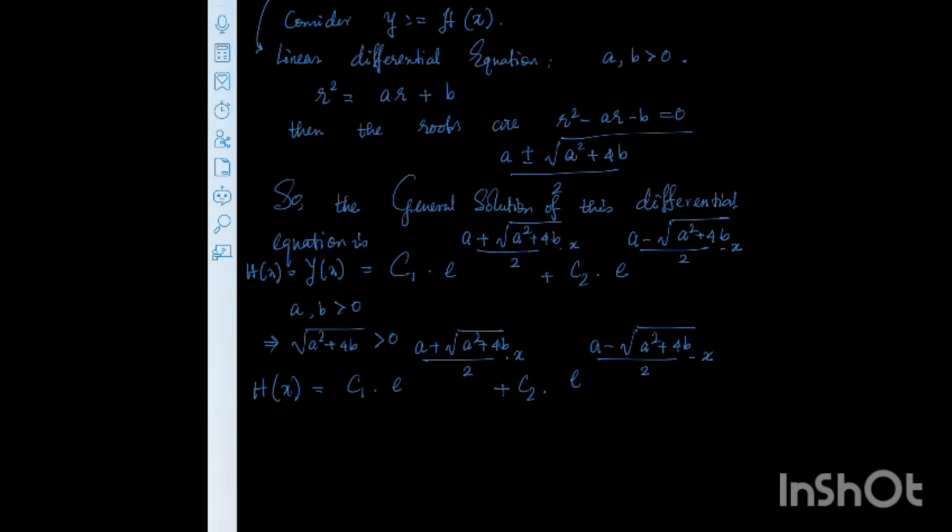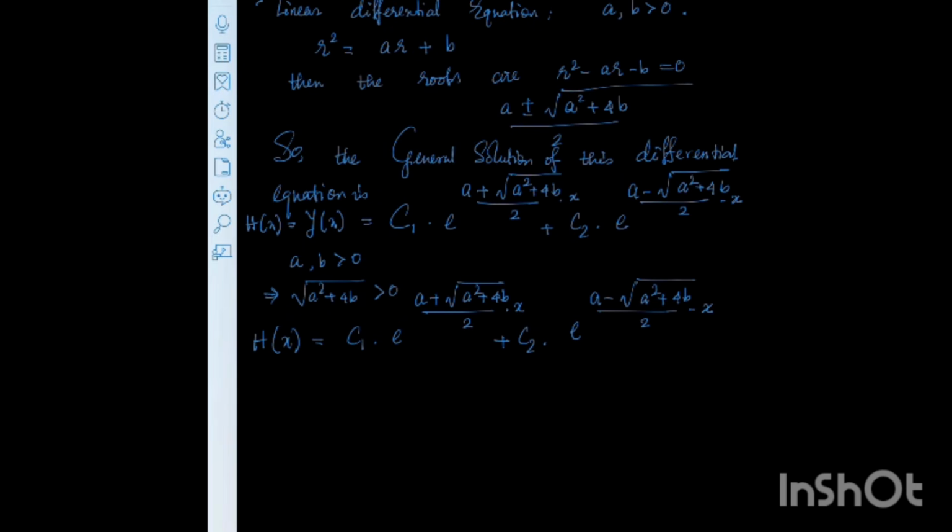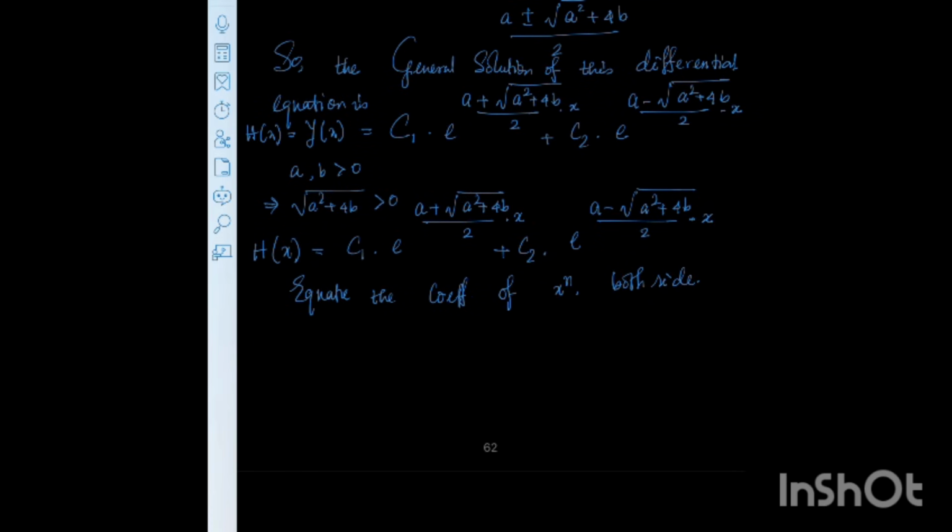So the general solution of this differential equation is this, c1 times e to the power (a plus root...) and so on. Now equate the coefficient of x to the power n on both sides. Solving this differential equation means solving for y(x), and y(x) is h(x) by definition.